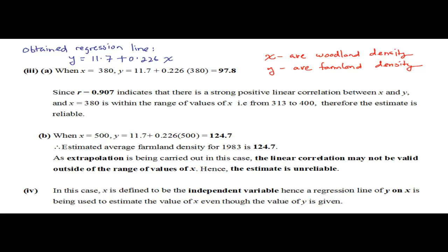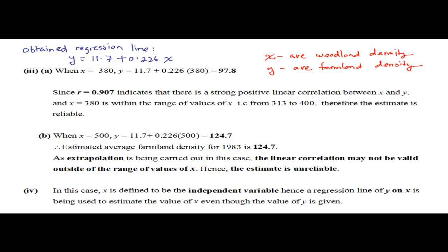If we trace back to the earlier part of the question, it is said that counting blackbirds in woodland is easier than counting blackbirds in farmland. So you would have an inkling that the woodland density is the independent variable, whereas the farmland density is the dependent variable. That is the reason why we find the regression line of y on x.